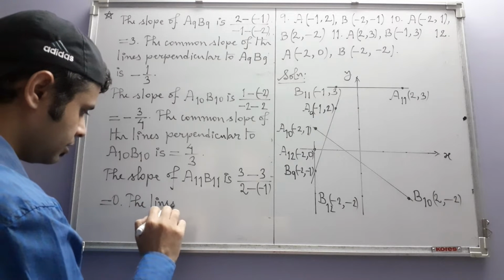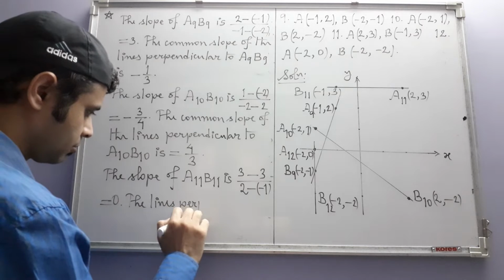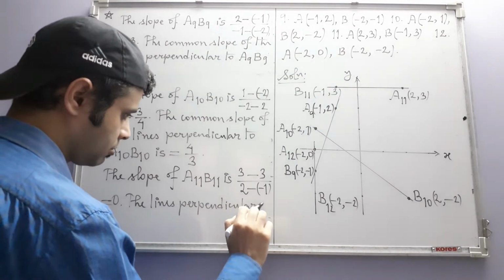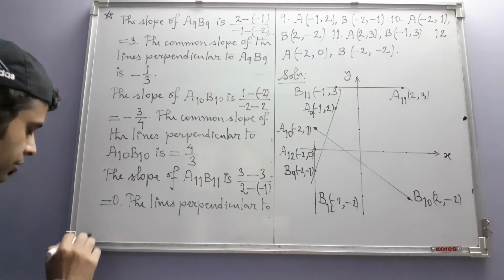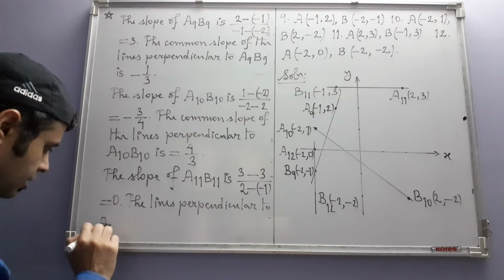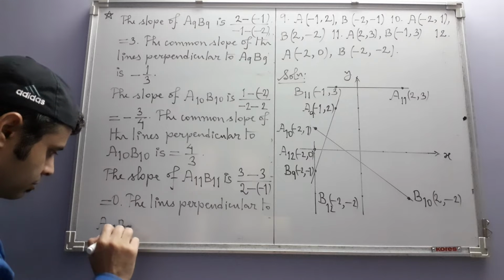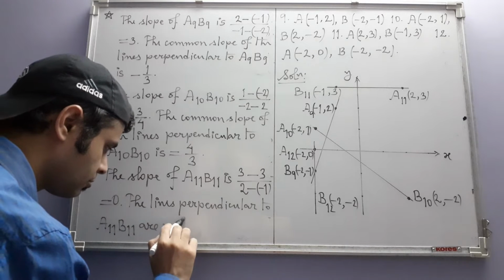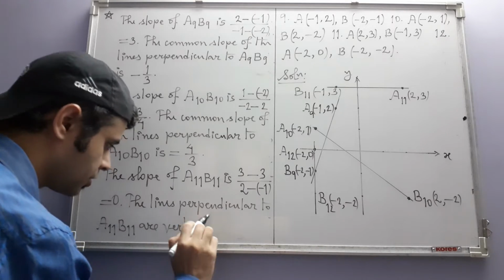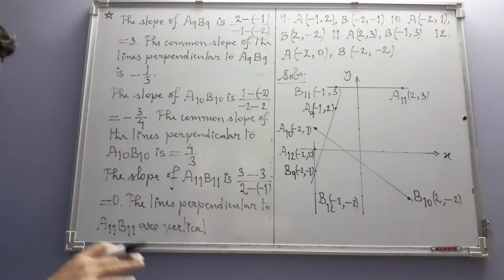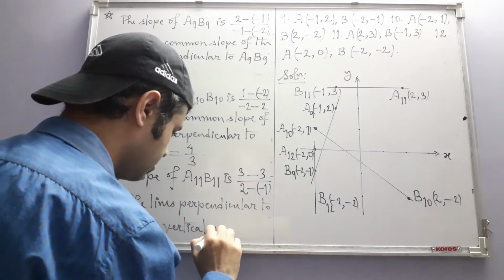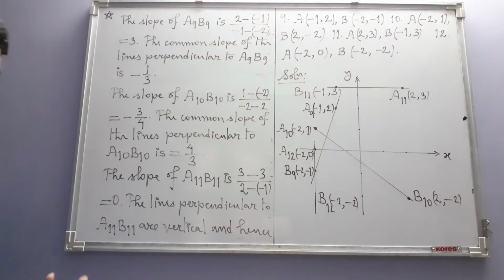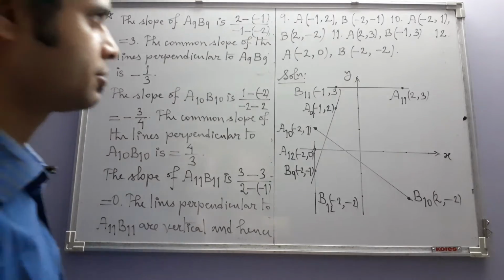The lines perpendicular to A11 B11 are vertical because the given line is horizontal and hence have no slope or undefined slope.